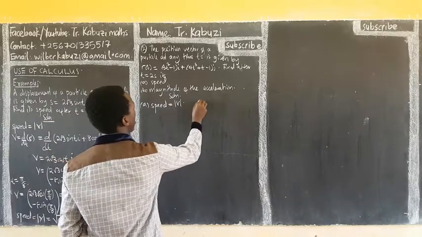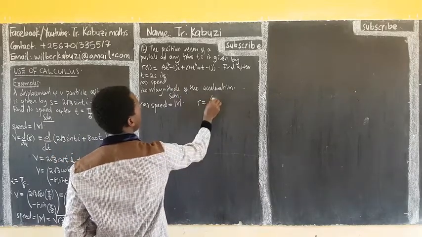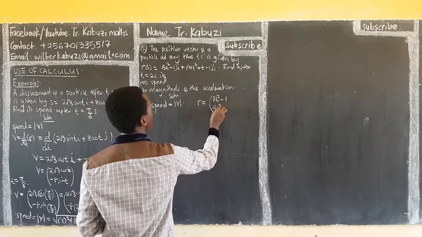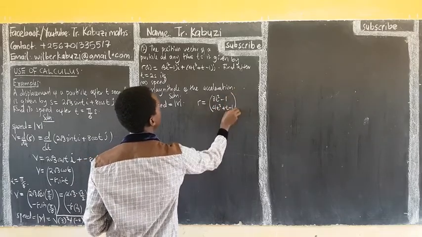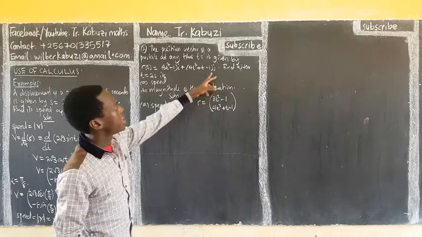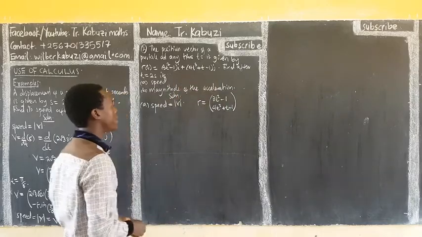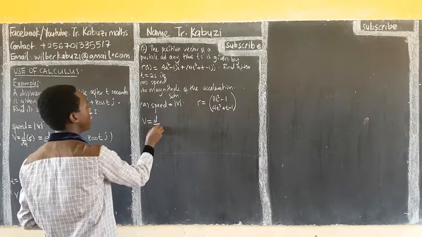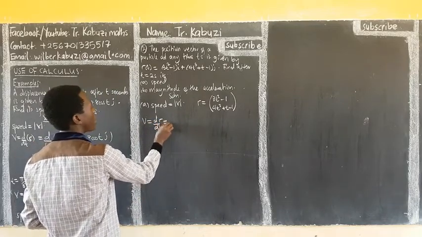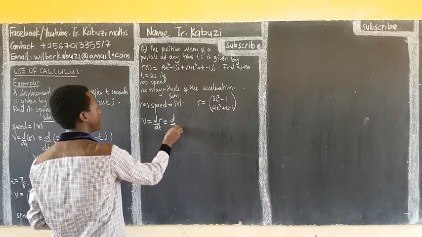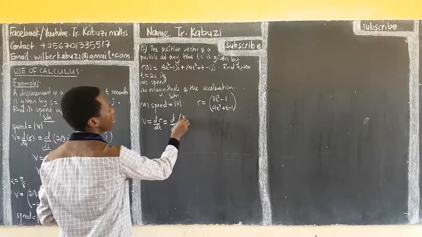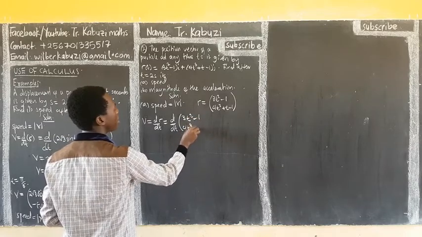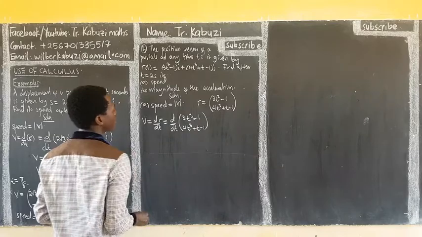We give r in column form: 3t^2 for the i component, 4t cubed plus t minus 1 for the j component. So our v is equal to d/dt of r.